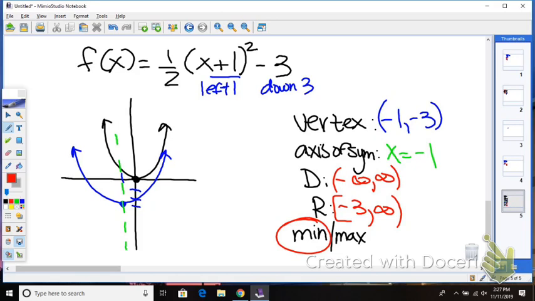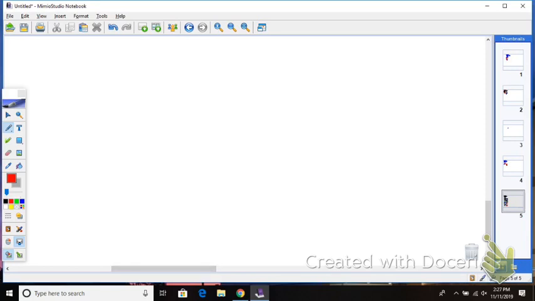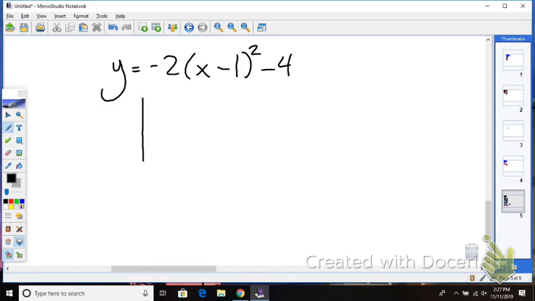Okay, let's do one more. This time I'm going to flip it over. Whoa. So our last one, before I let you guys go on your own work, is going to be this one. Y equals -2 times x minus 1 squared minus 4. So here's our original.